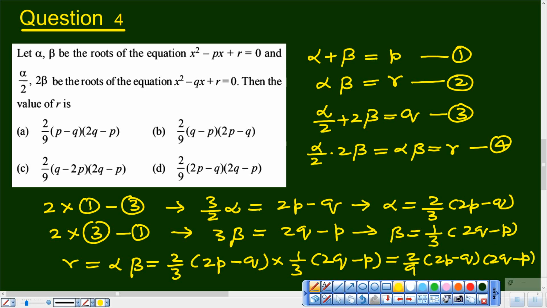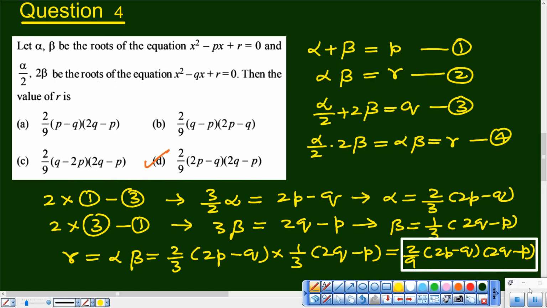Can you see that? Is there any option which matches with this? I think yes, we have option D, which is matching with this. So this is the answer to this question. r is equal to this.